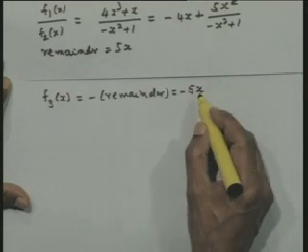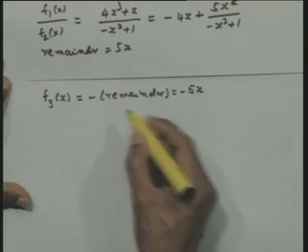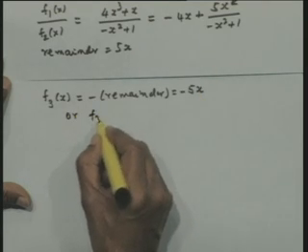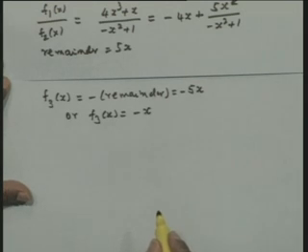I can again throw away the constant 5. So, f3(x) is equal to simply minus x. I can remove the positive constant 5 from here.